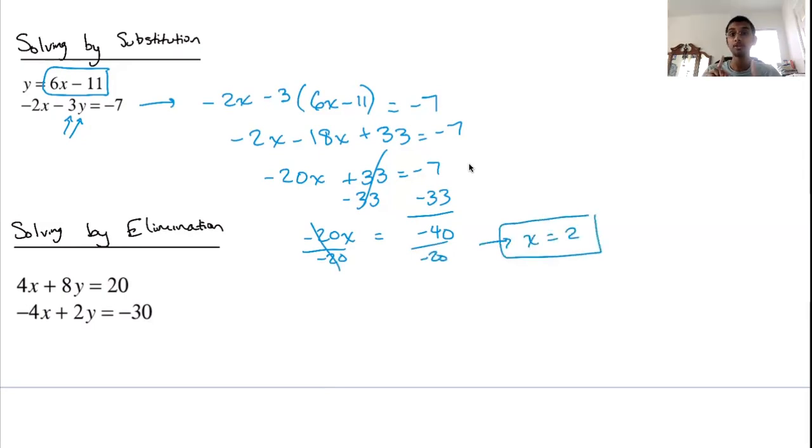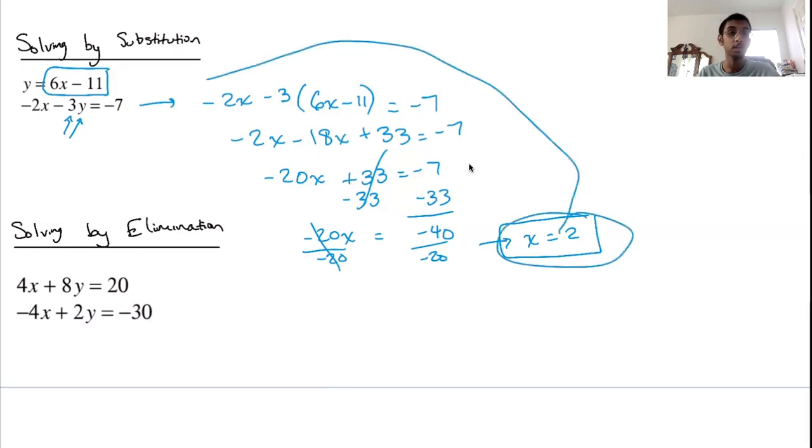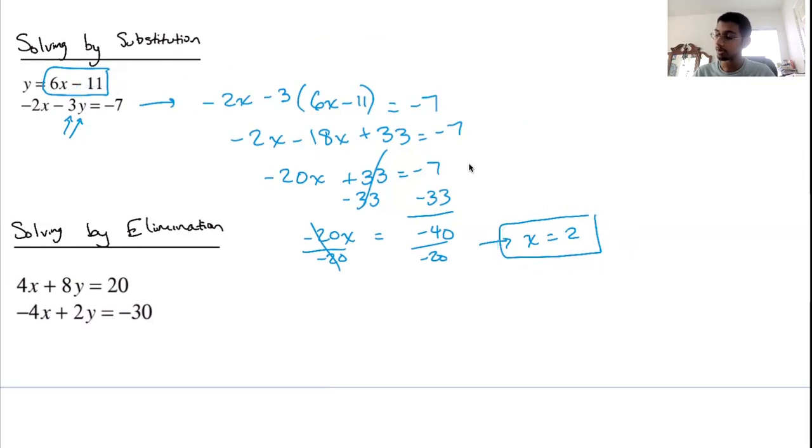Now we've solved for x, but we have not finished yet because now we have to solve for y. Now that I know what my x is, I can plug this x back into the equation where we already have y simplified. So let's do it. We take y is equal to 6x minus 11.